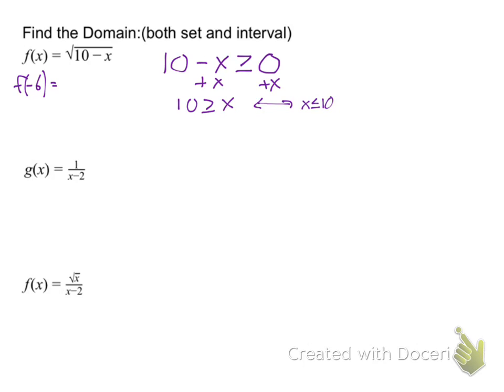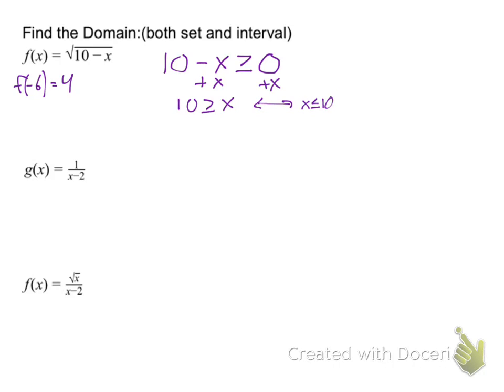It is 4. Because you subtract a negative, you are adding. So you get 16. Square root of 16 is 4. That's why it's working, guys. That's why it's really important for you to set whatever's inside bigger than or equal to 0 and solve it so that you know exactly what values you can put in.